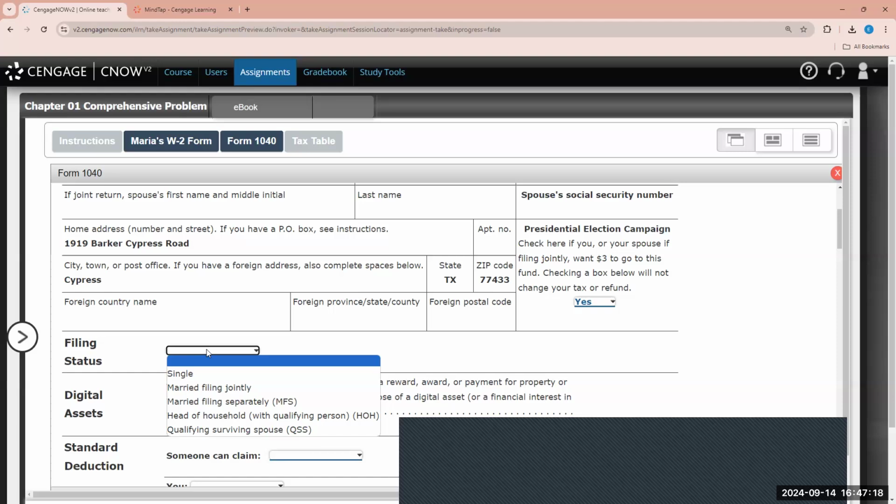Vice versa, if an individual was married for the year, but their separation agreement or divorce decree is effective as of December 31st, that individual for tax purposes is considered single for the entire year.